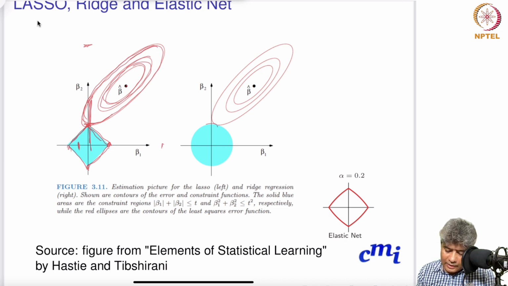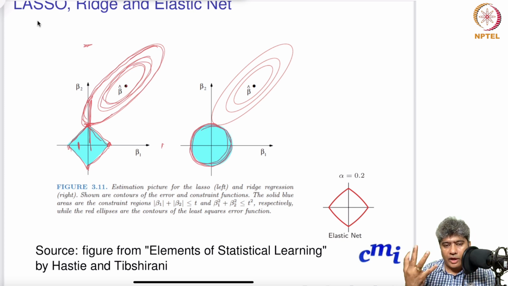Whereas the Ridge penalty is sort of a ball. It creates a ball effect. Because it's much more smooth, it does not pull the coefficient that much. So still it may touch, but it is not actually containing the beta 2.